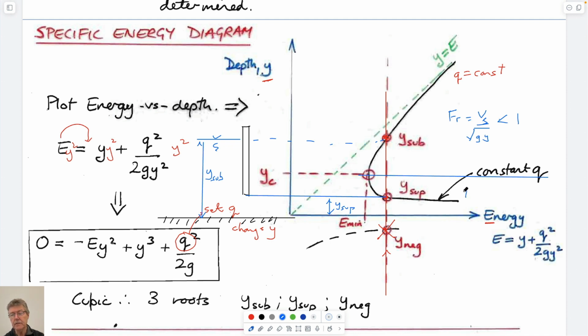And so here the Froude number is greater than 1. So this is subcritical flow. This is supercritical flow. And they're divided by this, and actually at this point here, the Froude number is exactly equal to 1, it turns out. And so this is the transition.